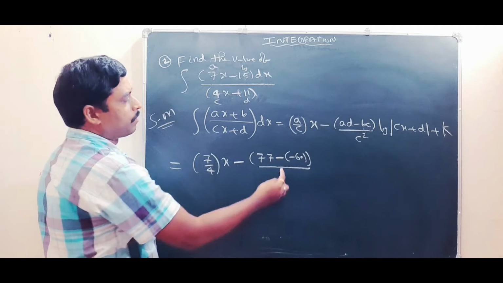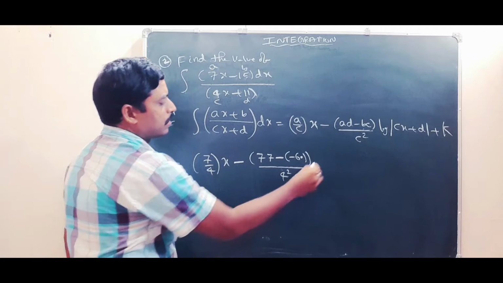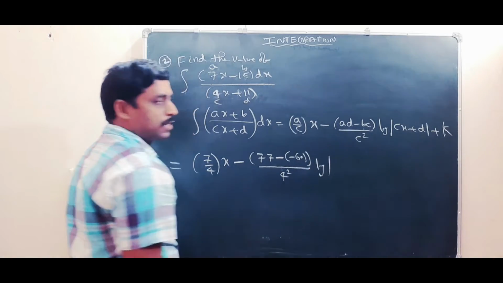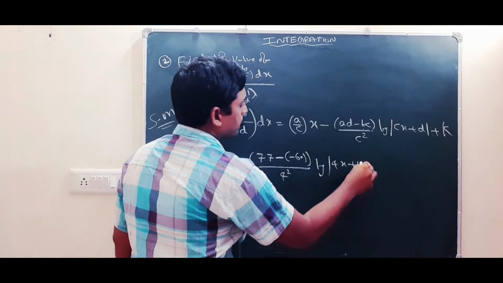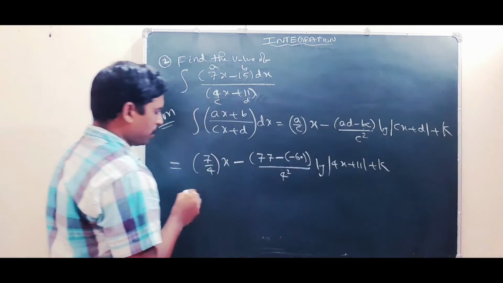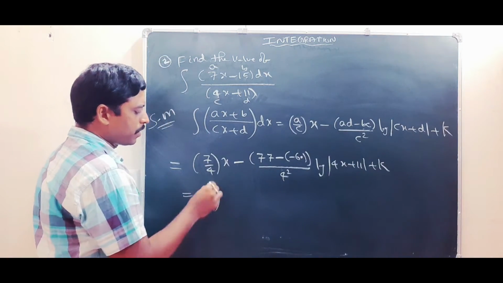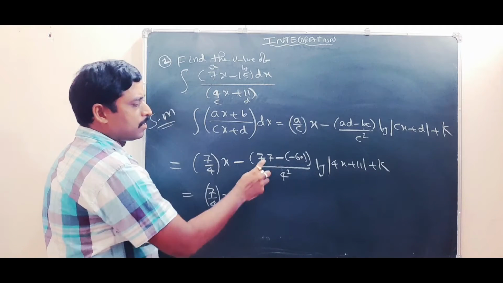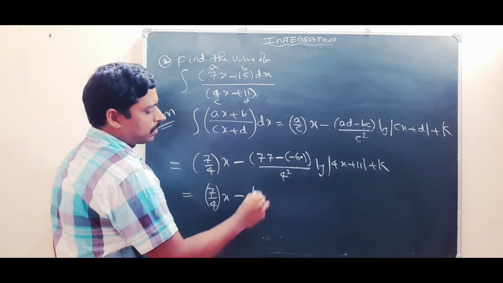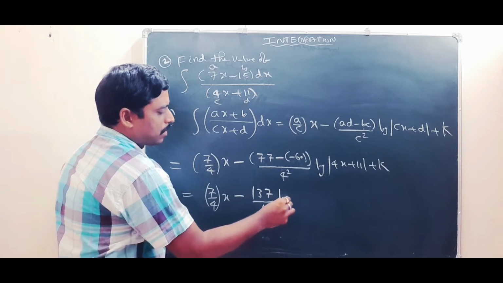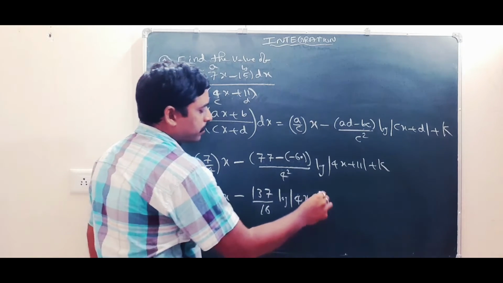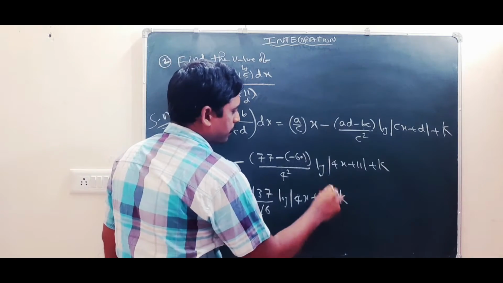Okay, upon c square, 4 square, log of cx plus d, where cx plus d value is 4x plus 11 plus k. Okay, it is going to be 7 by 4 into x minus, this will be 137 by 16 log of 4x plus 11 plus k. Okay, this is the answer.